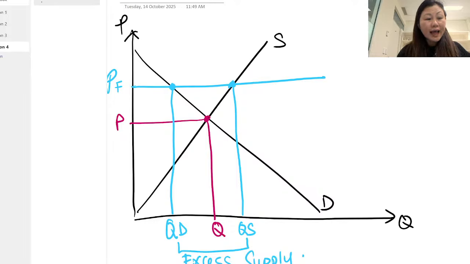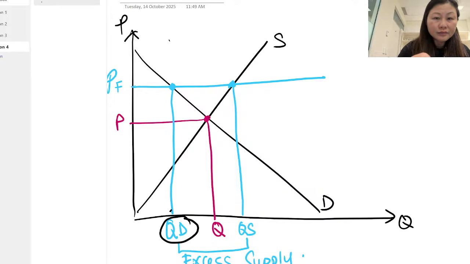And we're producing at this price floor, okay? But we always look at the short side, okay? So we're going to look at the short side of the 2 points.